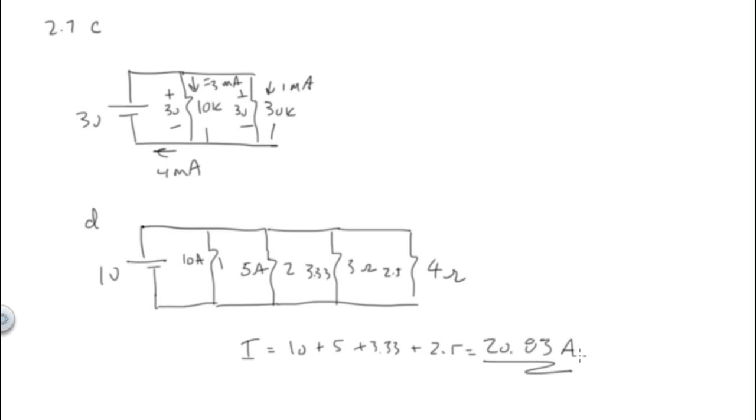Now 8, find the equivalent resistance of each of these guys. So now we have a starting point, and we're going to track down the R equivalent for each of these circuits. So here is 6K and 12K.